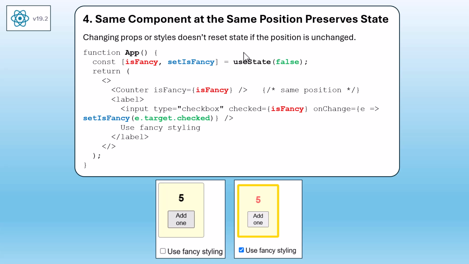The structure of the tree remains the same, so React keeps the internal state. A common mistake is to assume that state depends on your conditional logic or markup, but it doesn't. React doesn't care where your conditions are in the function. It only cares about the resulting tree structure and positions.